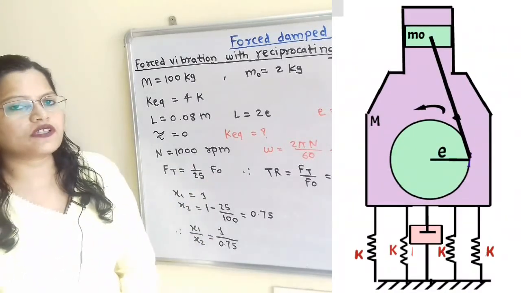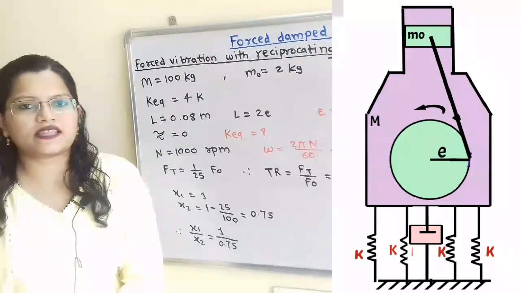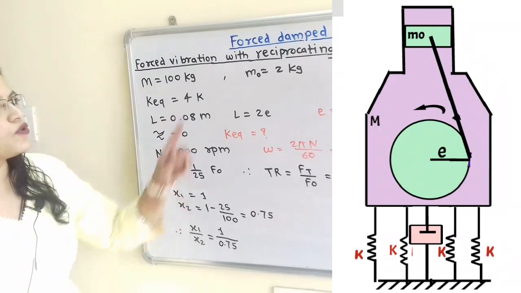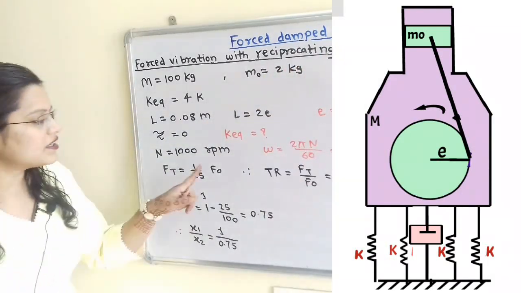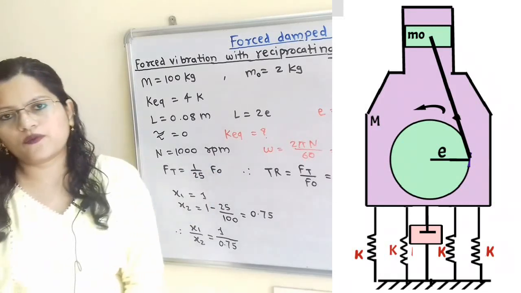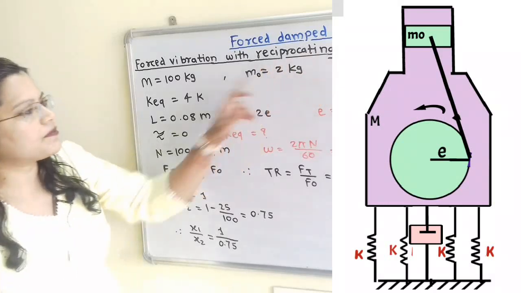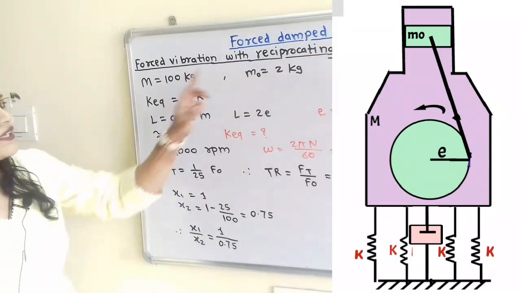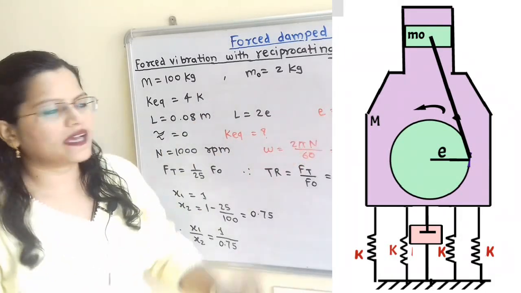Now why the force is impressed? So if we observe this diagram, the force is impressed due to reciprocating unbalance. Now how to calculate this impressed force F0? So F0 is due to the reciprocating unbalanced mass. So we will calculate F0 is equal to m0 e omega square.